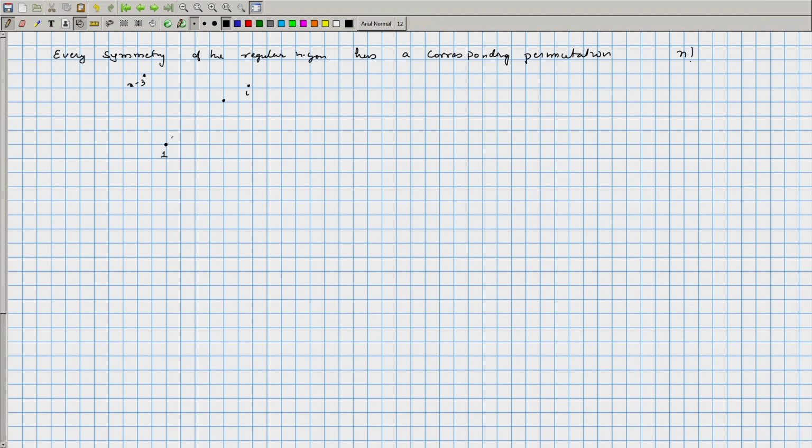Now, if 1 goes to vertex numbered i, then 2, being a neighbor of 1 in the original configuration, after you have sent 1 to i, should be sent to either i plus 1 or i minus 1. Okay, that is the only possibility, because anywhere else you have affected the rigidity of the polygon. So, the motion is no longer a rigid motion. Okay. So, there are only 2 options for where vertex 2 can land up.